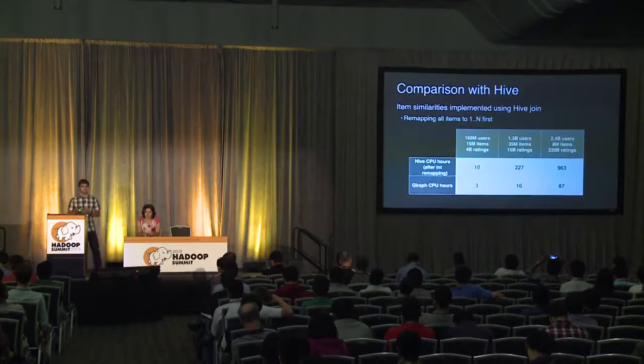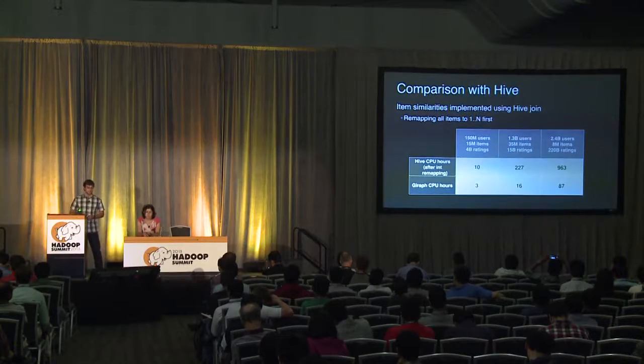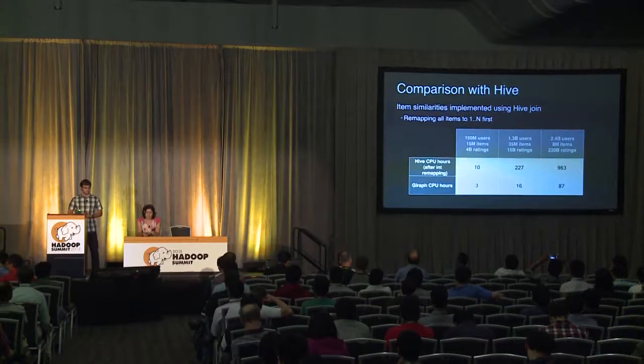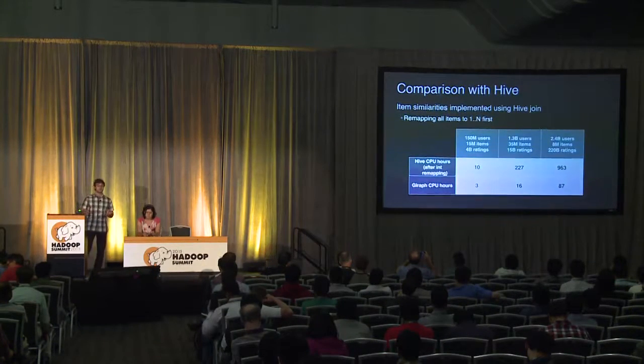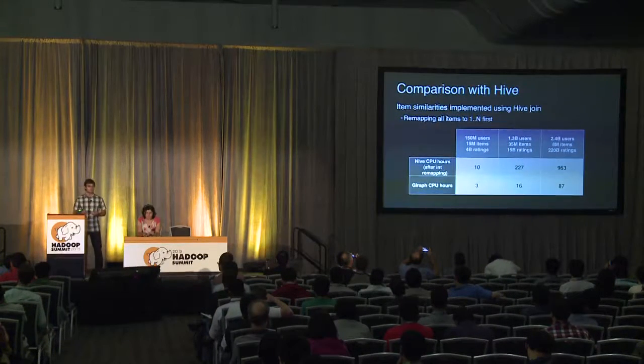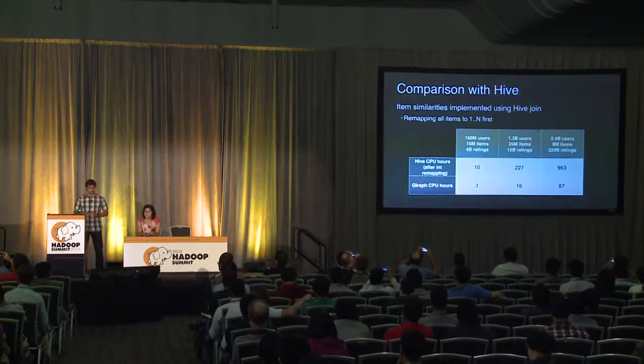So yeah, the same algorithm can be implemented in Hive or any MapReduce framework by using simple group by and join queries. So in order to make a fair comparison here, because our algorithm and Hive were running on different clusters and different sets of machines, we were measuring CPU processing time.